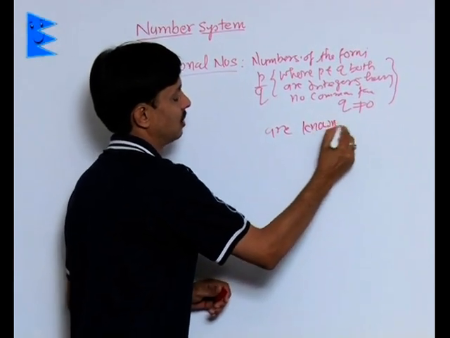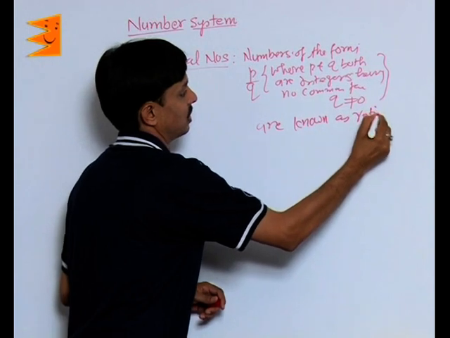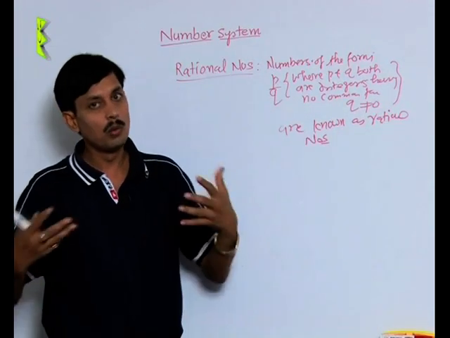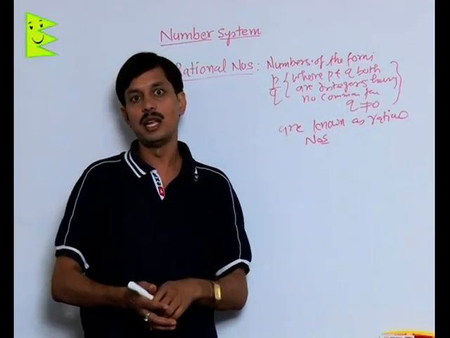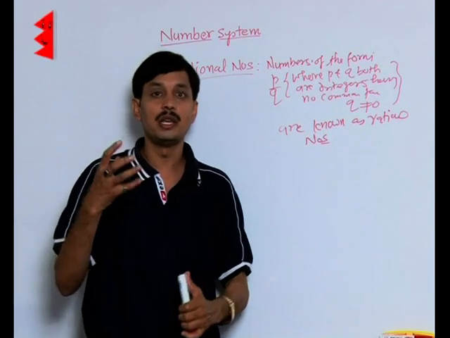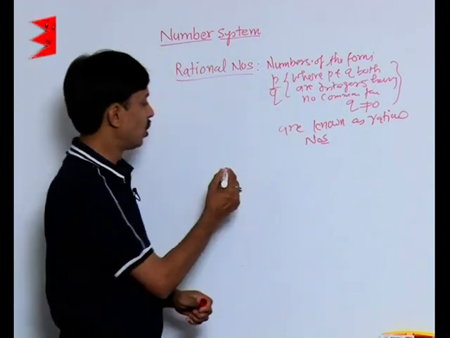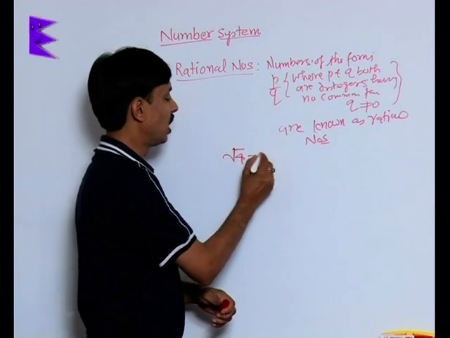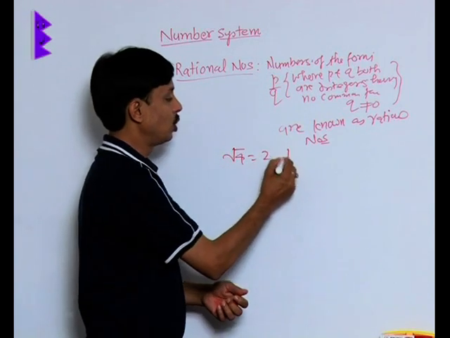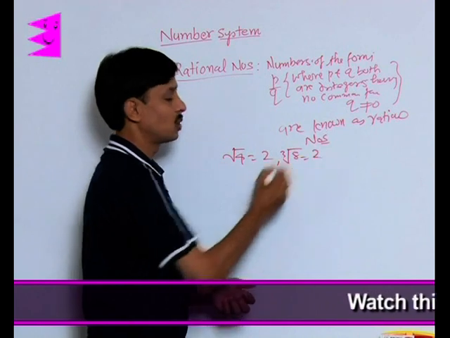known as rational numbers. Now one more question: in class 8th we have calculated square roots. The square root of 4 is 2. The cube root of 8 was 2.